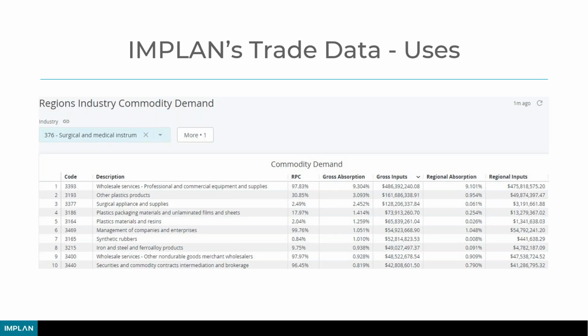Taken to the extreme, if we think of the United States as a whole, everything is purchased within the US as a whole, except those things that are imported from outside of the US. So that regional purchase coefficient for domestic goods is going to be very high.